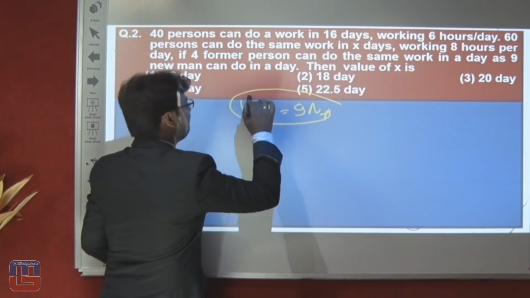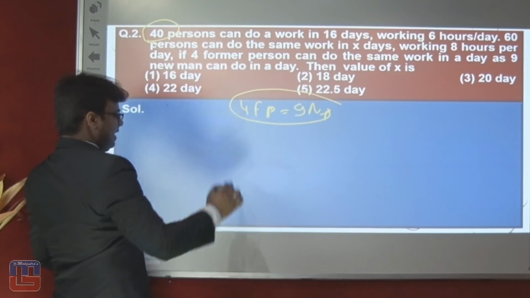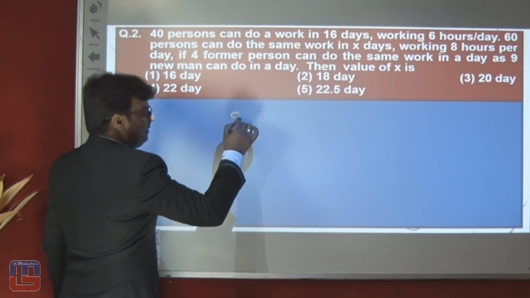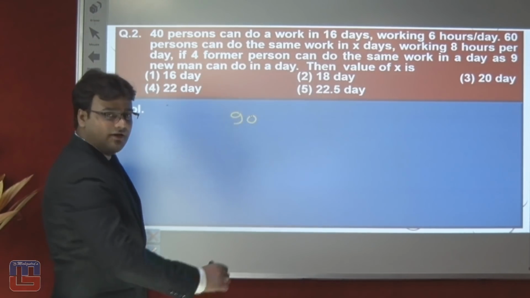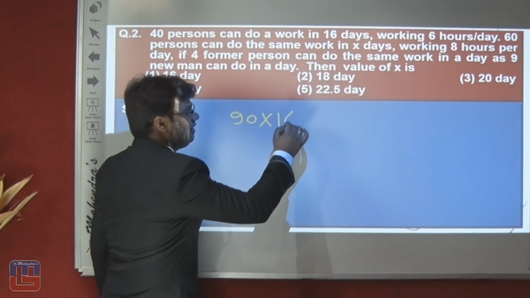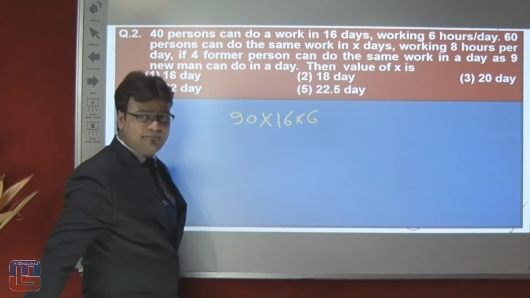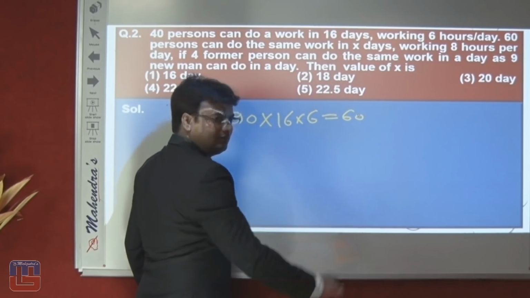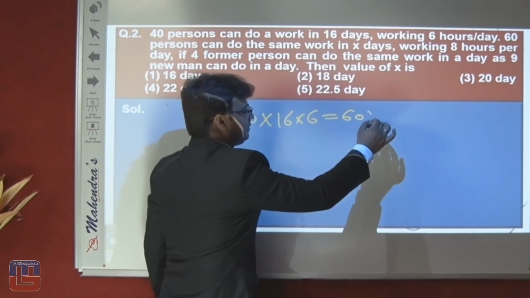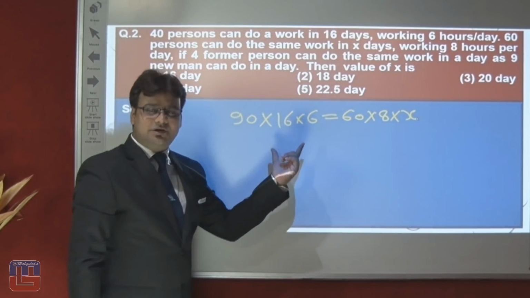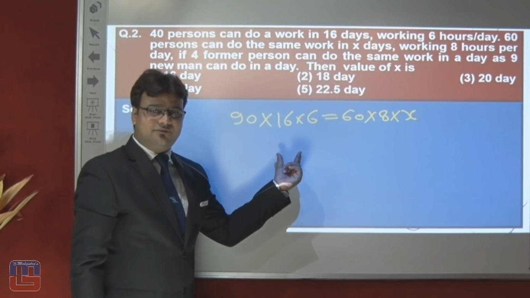That means in case of 40 we write 90. So 90 men can complete a work in 16 days, working 6 hours daily. And next, 60 men working 8 hours daily take X days. If we solve it, we easily get the value of X.